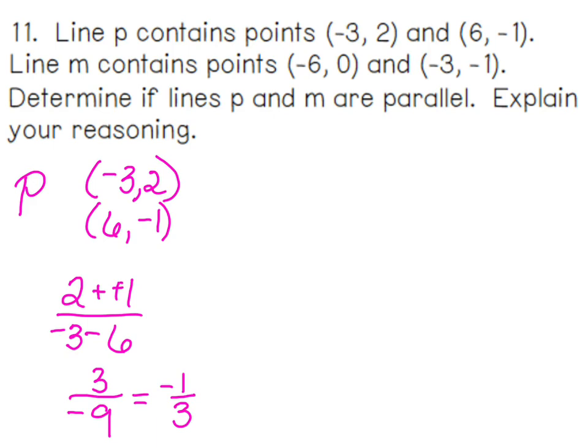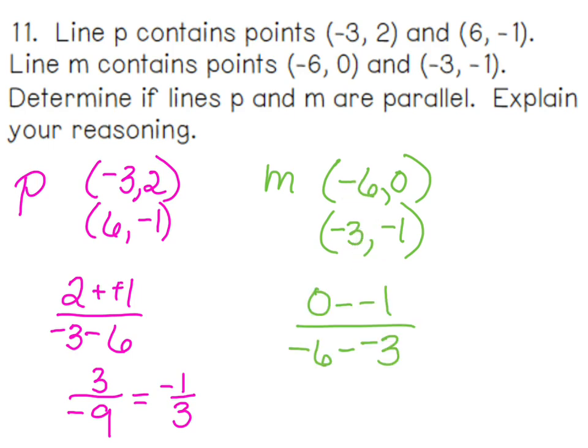So that's line P. Line M goes through these 2 points. So I'm going to subtract the y's and subtract the x's and then compare the slopes. They are the same, so that means that the lines are parallel.